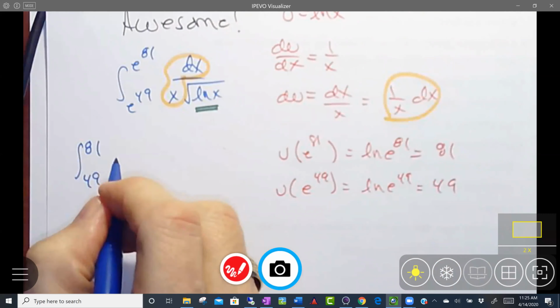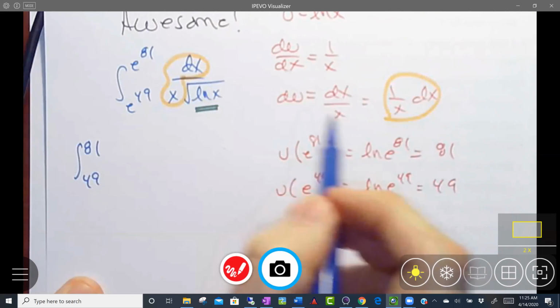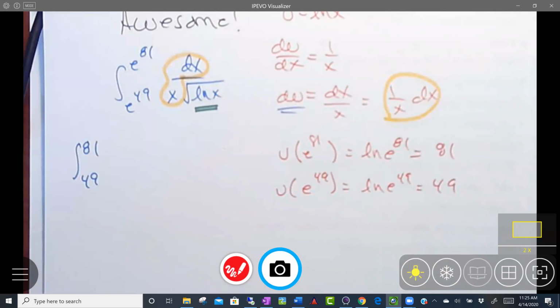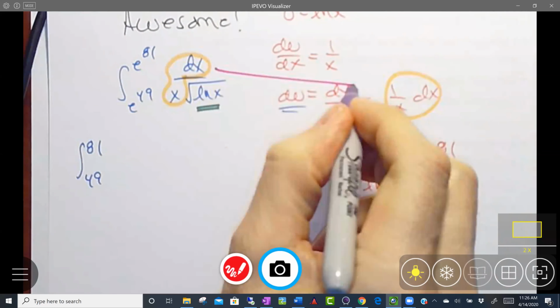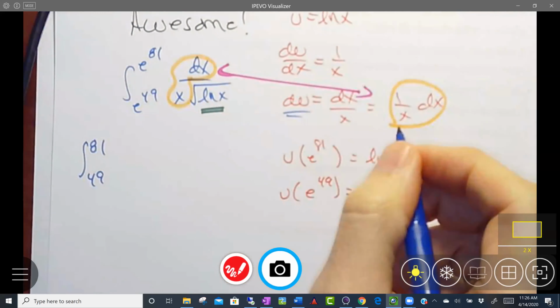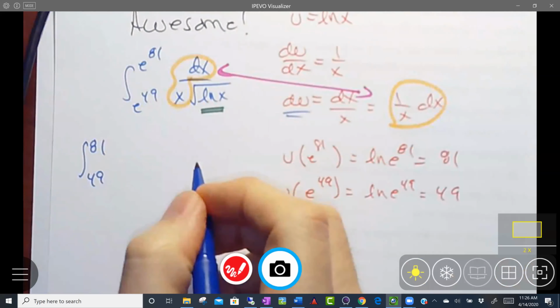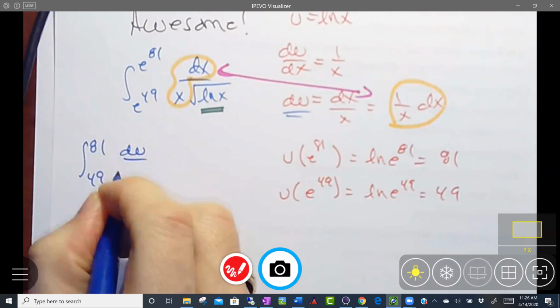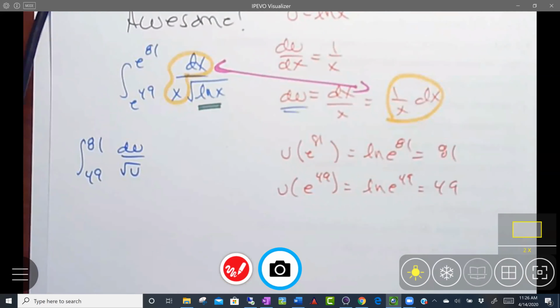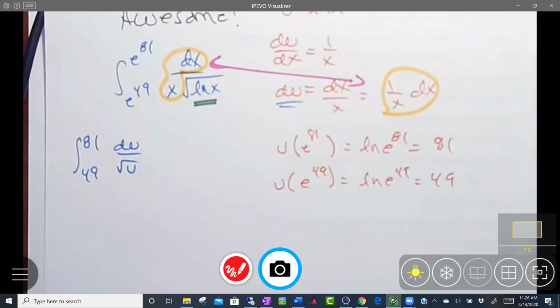This term is my du term, right here. I'm still going to have du over the square root of u. Wow, that looks a lot simpler.